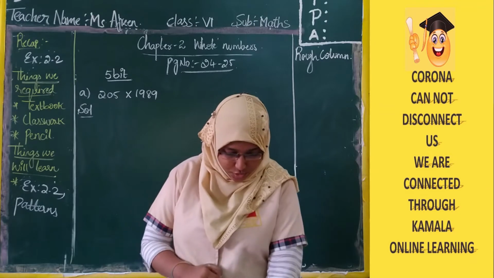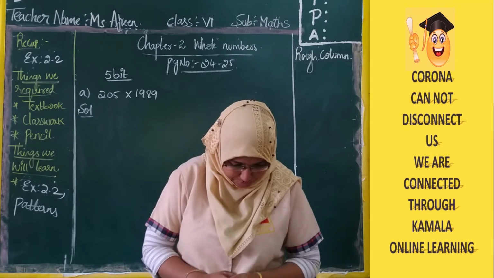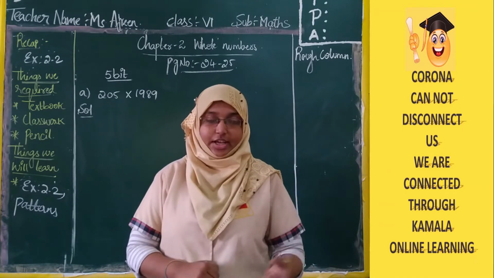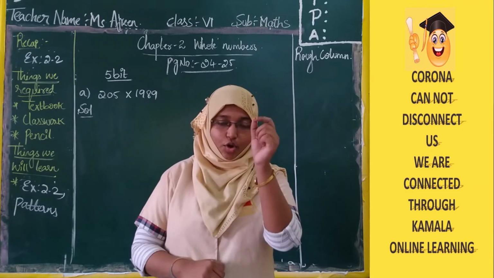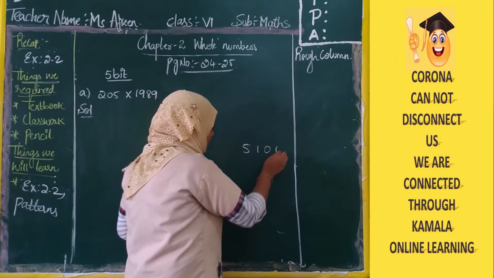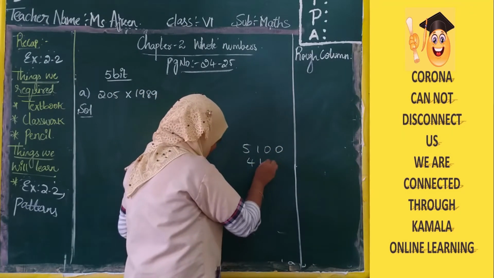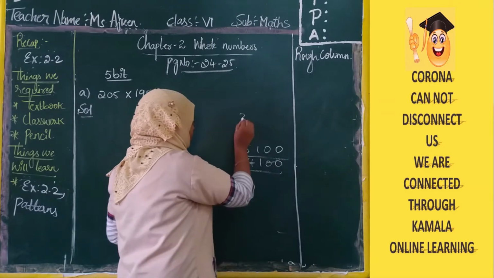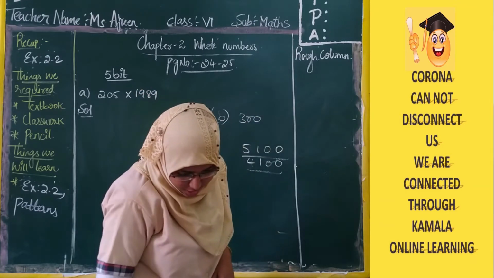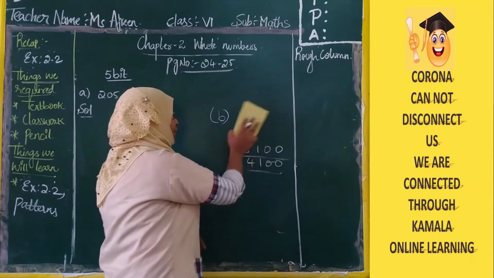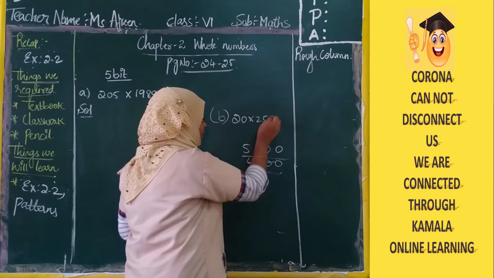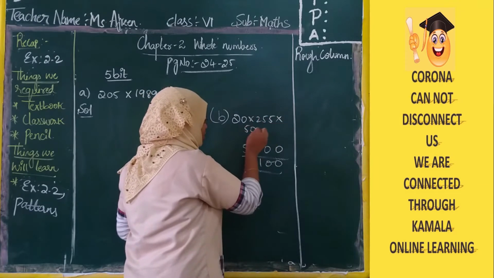One thing I want to say, friends: in the last class, in the third bit, when we did multiplication, a small mistake happened. Instead of 5100, the answer we got was 4100. That last one, 20 into 255 into 50 into 6.